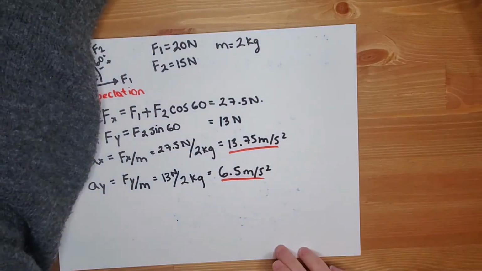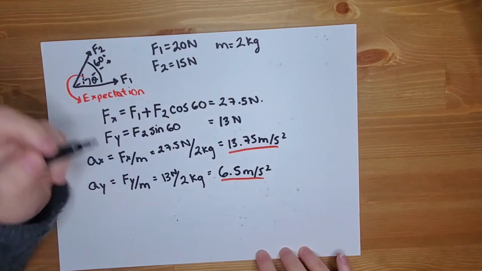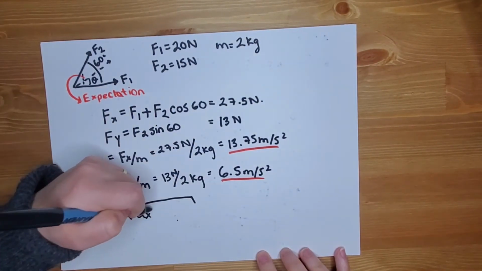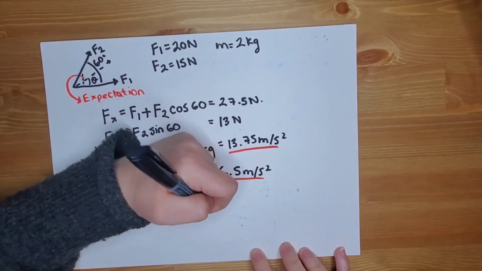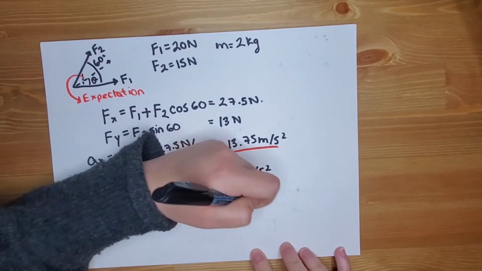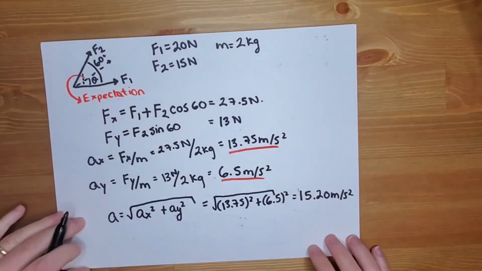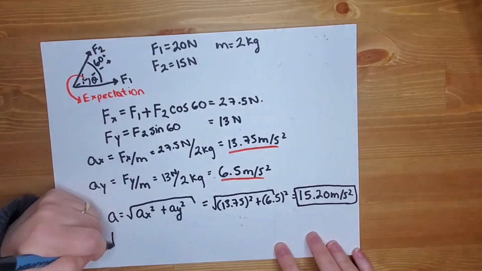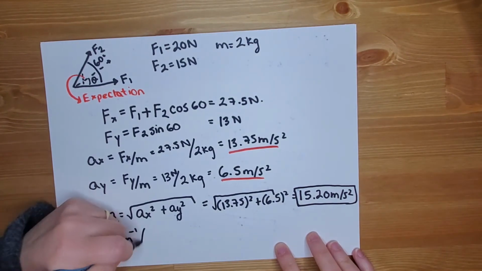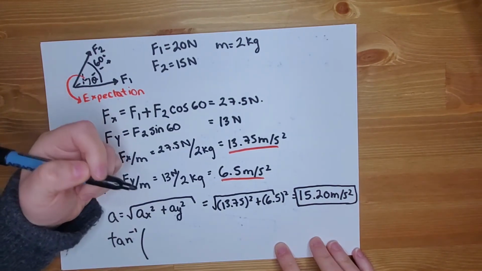Again, we can get the acceleration magnitude by applying the Pythagorean Theorem. The magnitude is then 15.20 meters per second squared. To get the direction, we just solve for the inverse of the tangent of the vertical acceleration over the horizontal acceleration.